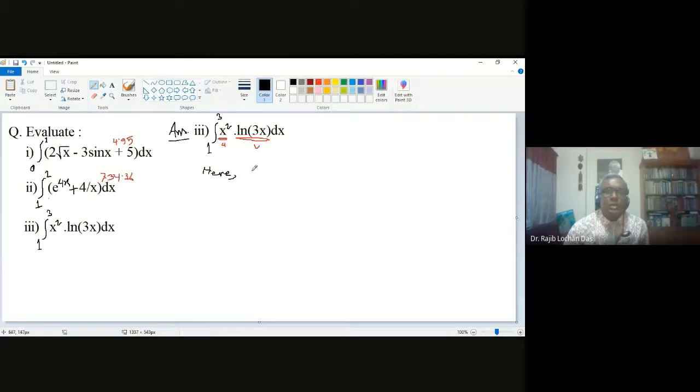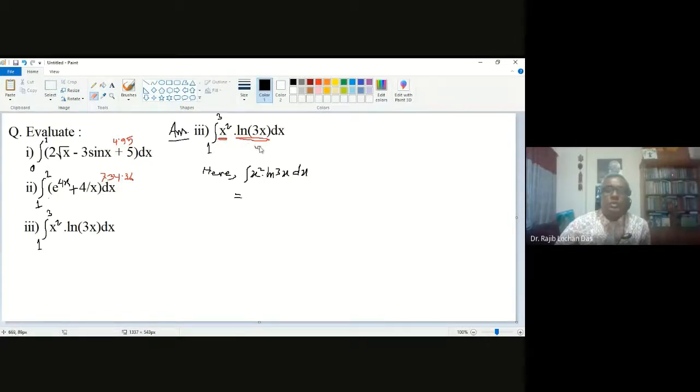Okay, we have the main question, x square into ln 3x. So we will apply the u into v formula. We will do the integration. So we will think x square as u. Not really. This will be wrong. Why will it be wrong?